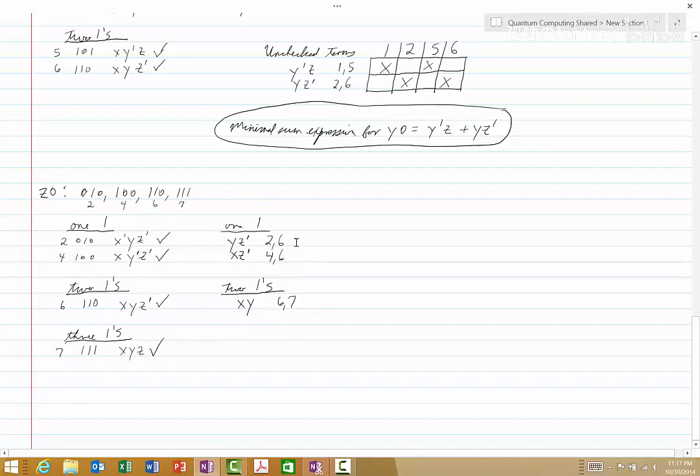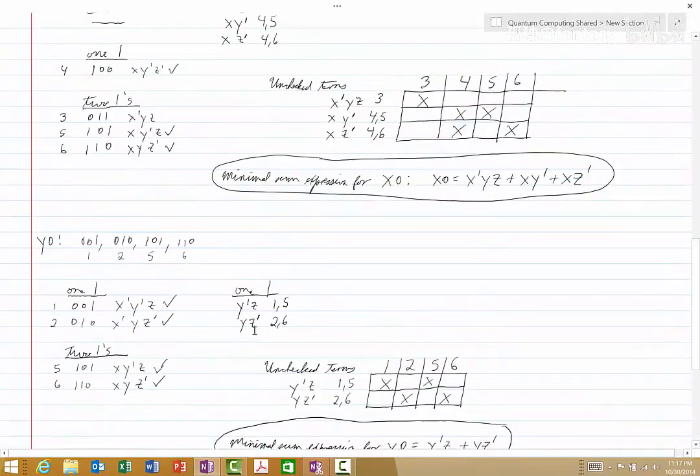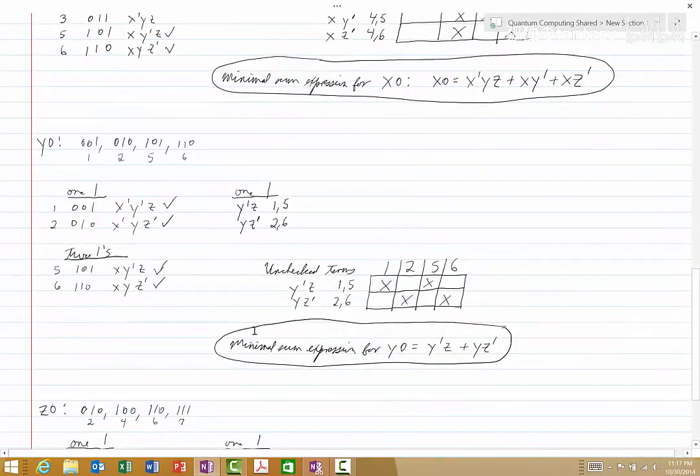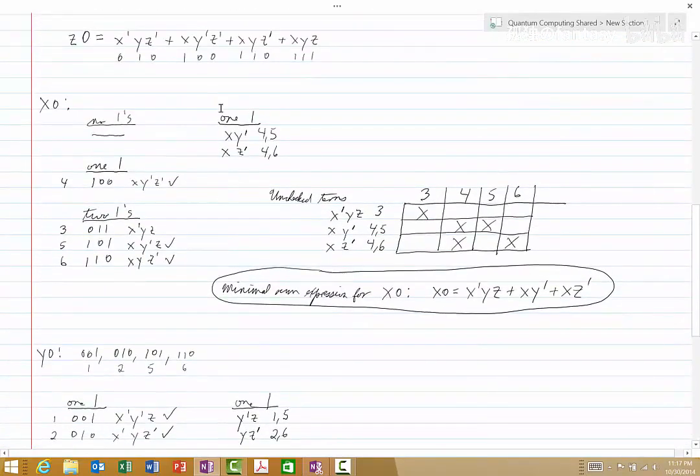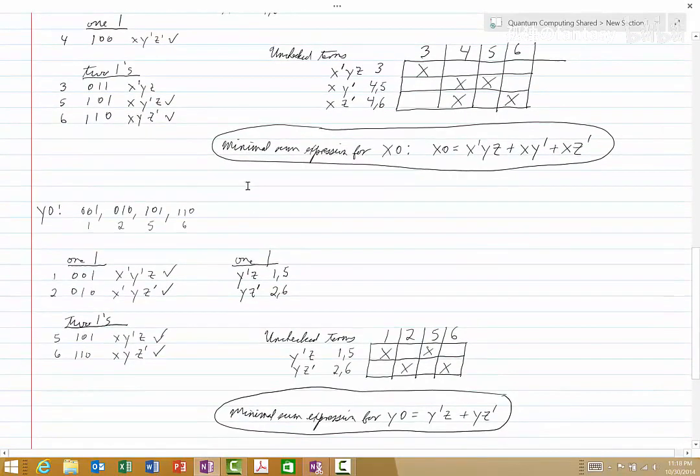Now this is the only time in the 3 cases we've looked at where there's anything to do in the second column, because notice for X0 there was only one category in the second column, so obviously those terms can't combine with anything else. And likewise only one category in the second column for Y0.